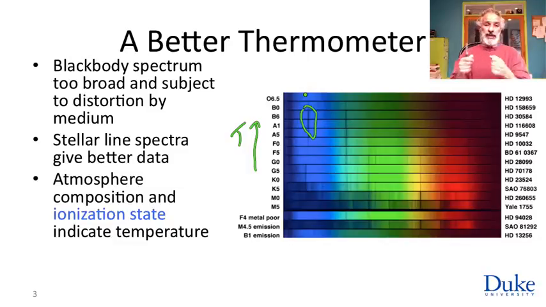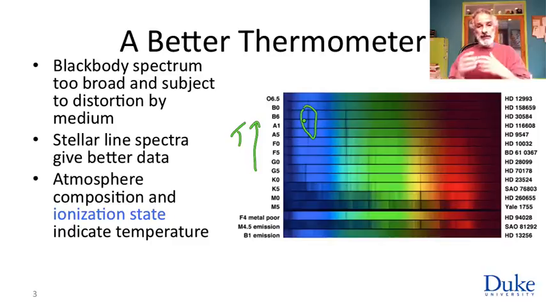An ionized hydrogen atom is just a free proton and an electron. There is no absorption line spectrum for a free proton. So hydrogen lines are almost completely absent from the spectrum of O stars and very weak in B-type stars.